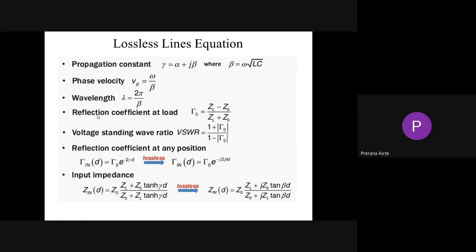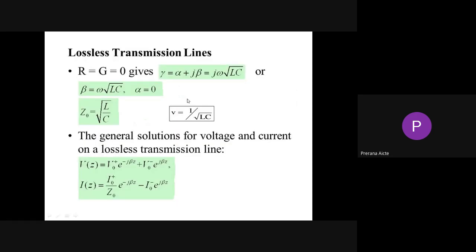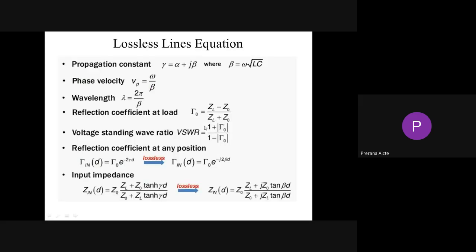Substituting, omega cancels, so it becomes 1 by root LC. So V is equal to 1 by root LC. Whereas wavelength lambda is equal to 2 pi by beta.